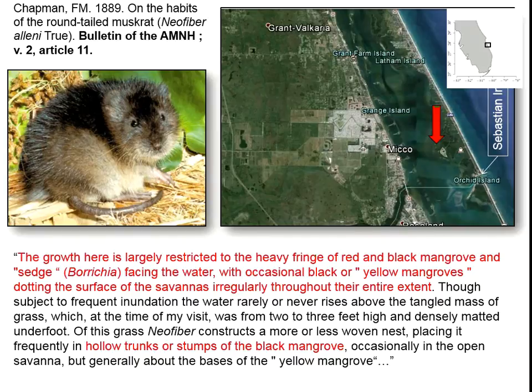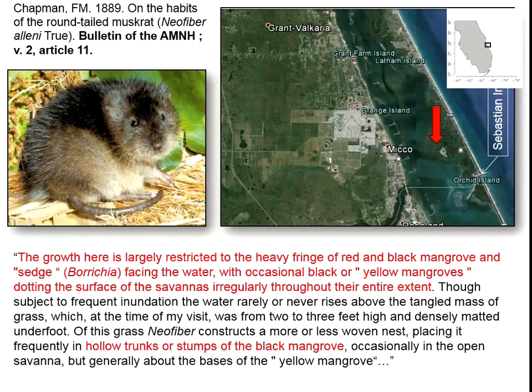He's got one he calls yellow mangrove. I don't know what that is, but it's probably white mangrove. And a few small mangroves out in there and around the edge, but he describes a salt marsh. But he finds where the round-tailed muskrat is nesting, and it's nesting in the stump of a big, old, dead black mangrove.